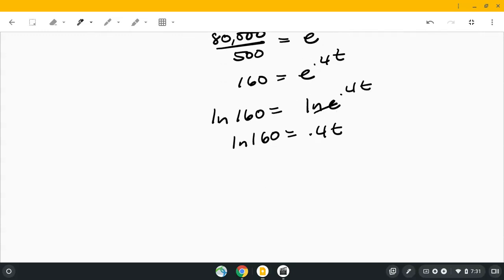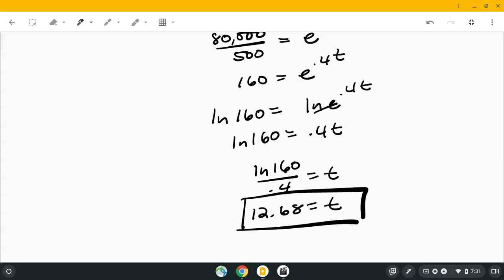I'm going to divide both sides by 0.4. Now I'll punch that into the calculator, and I get 12.68 equals t. So that's how long it'll take to reach 80,000. Wow.